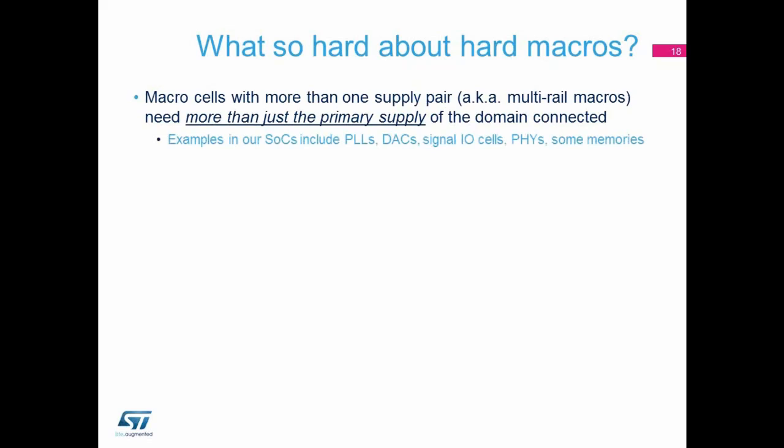Examples we've got in our SoCs include things like PLLs, DACs, signal IOs. Our IO cells, for example, have an external supply and then an internal core supply, digital supply. We've got PHYs, some of our memories that have retention inside and then have a peripheral supply that can be shut off.